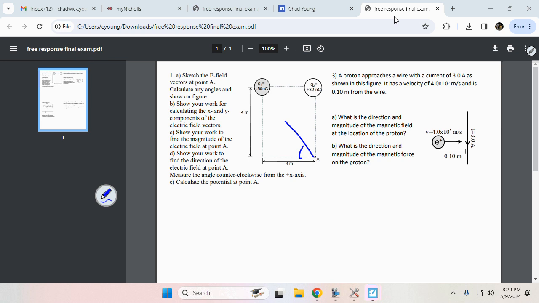Oh, so I want to know the electric field right here. So everything that I do is going to be from that point. I'm going to have my axes centered on point A. And I know that there is an electric field vector up and in this direction because, if I imagine my positive test charge at point A right here, then I have a vector that points up and in that direction, right?